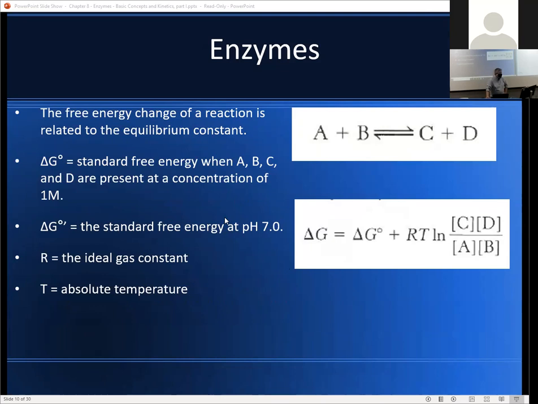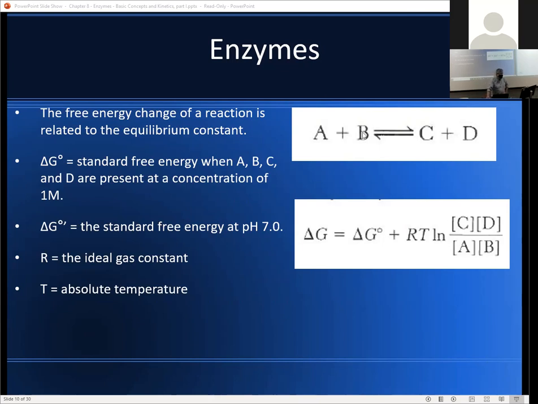Okay, so the free energy change of a reaction is related to its equilibrium constants. So delta G with a little degree sign is the standard free energy when A, B, C, and D are present at a concentration of 1 molar.